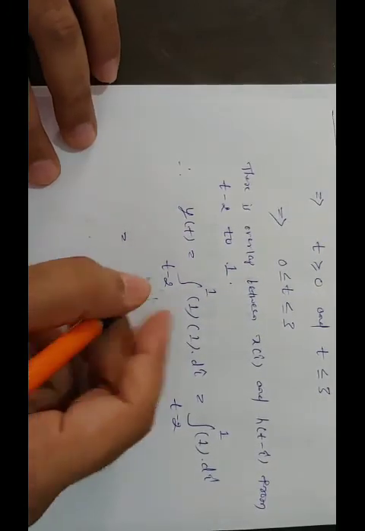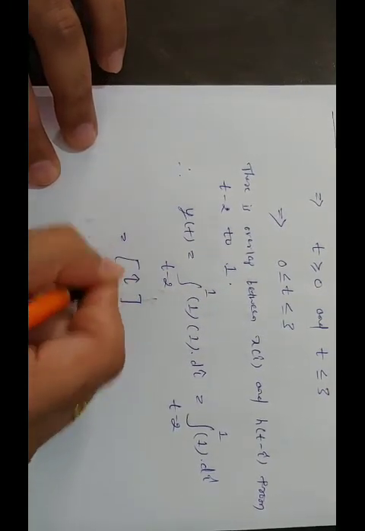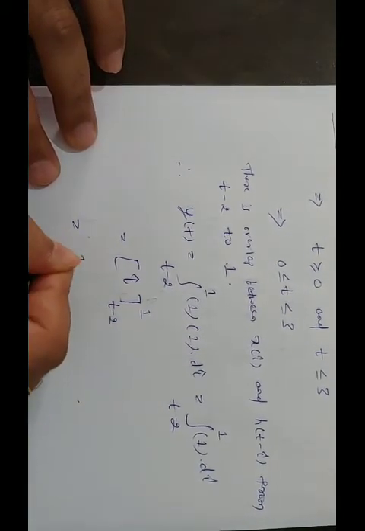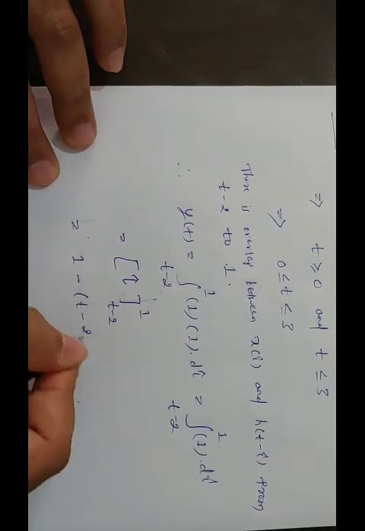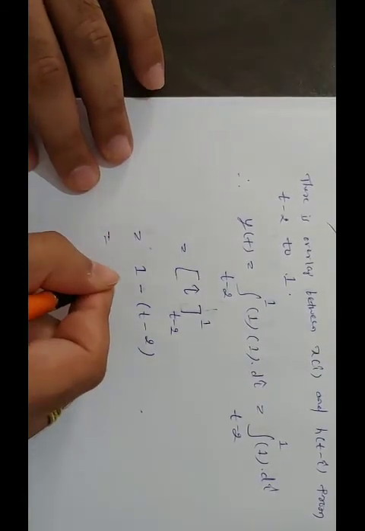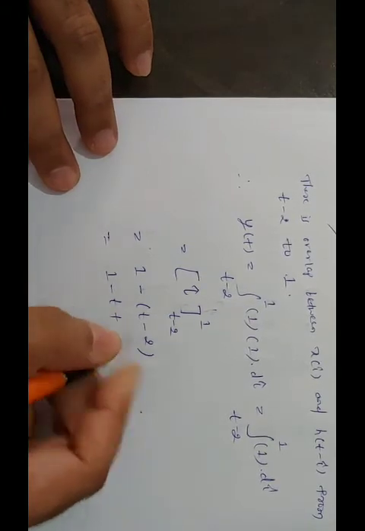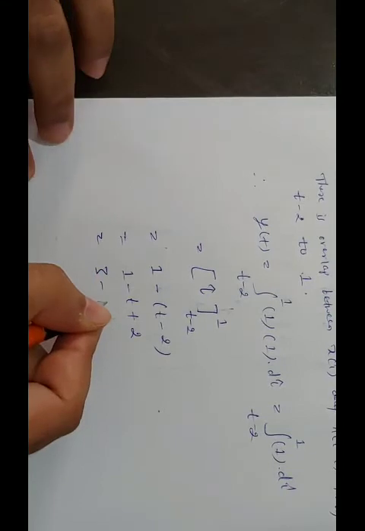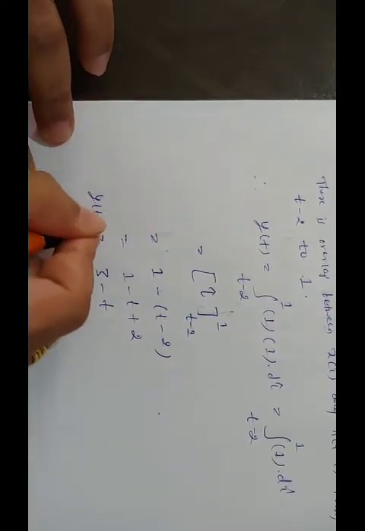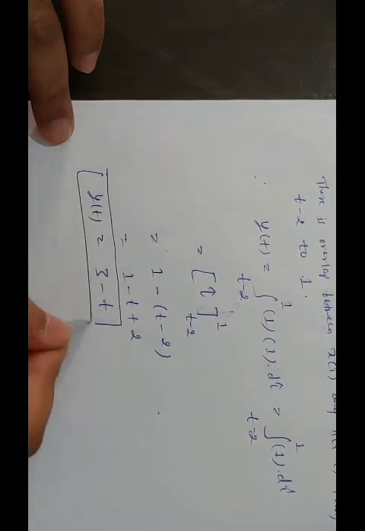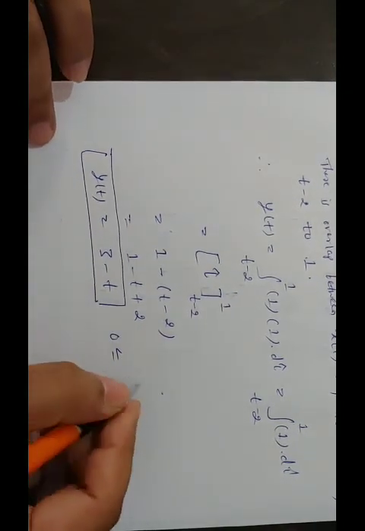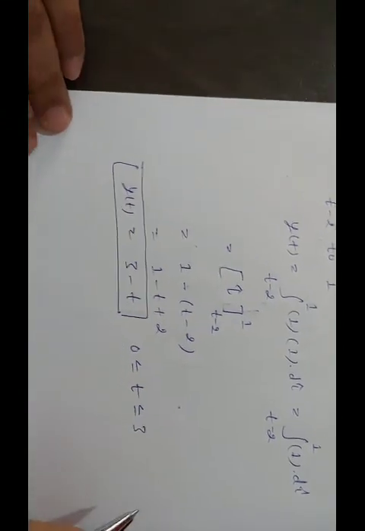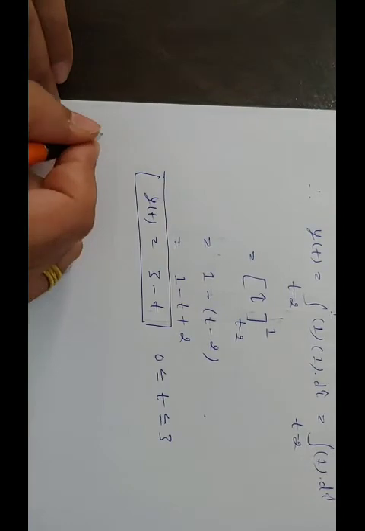Integration of 1 with respect to tau is tau, evaluated from t minus 2 to 1, which is equal to 1 minus of t minus 2, which is 1 minus t plus 2, which is equal to 3 minus t. So that means y of t I am getting as 3 minus t. So look at the range: t is greater than or equal to 0 and less than or equal to 3.